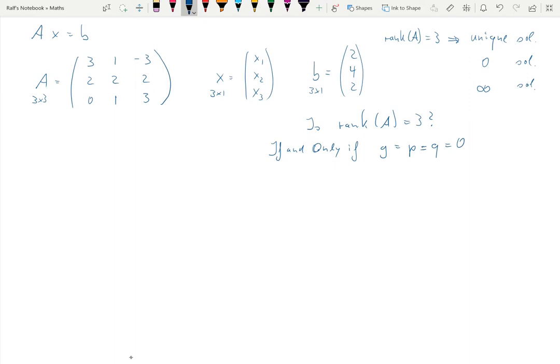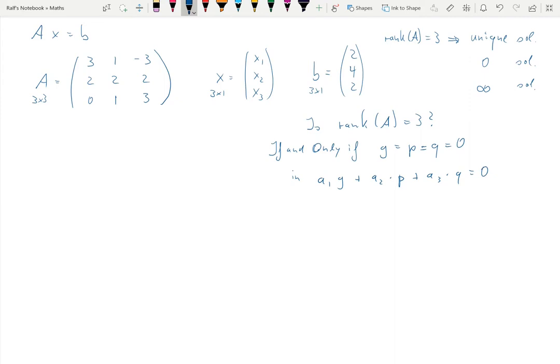Actually, I should not use A, B, C because we have a b. So these are three new variables. If and only if G equals P equals Q equals 0 in A1 times G plus A2 times P plus A3 times Q equals 0.